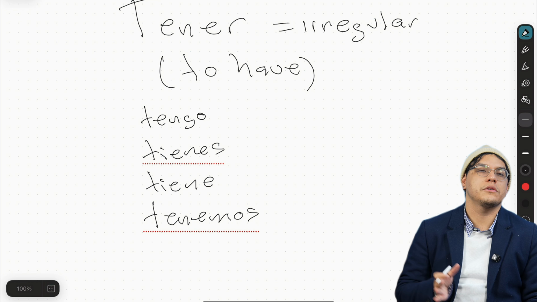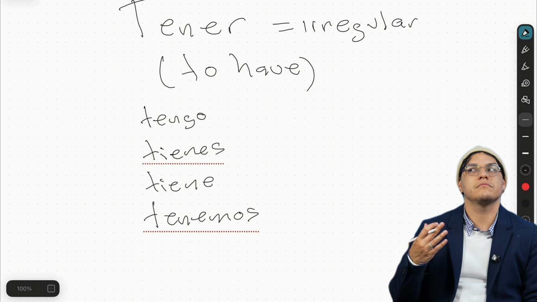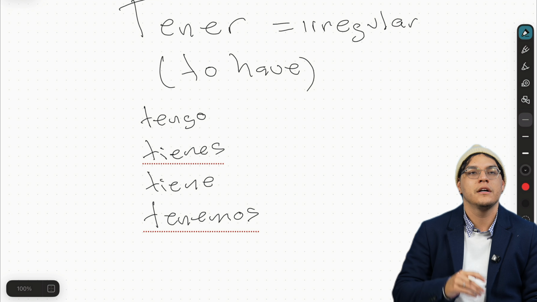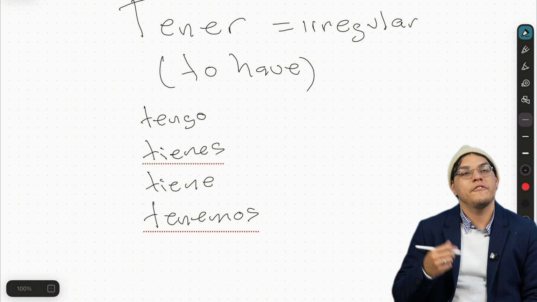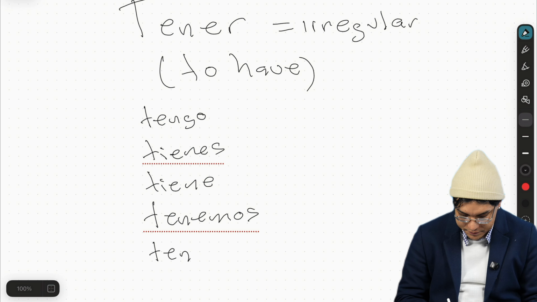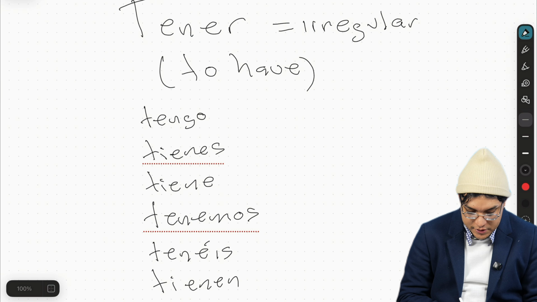We're going to cover vosotros, but on my classes, it's up to you. You can cover it, but just ignore it if you are not learning vosotros forms. So tenéis, tienen.